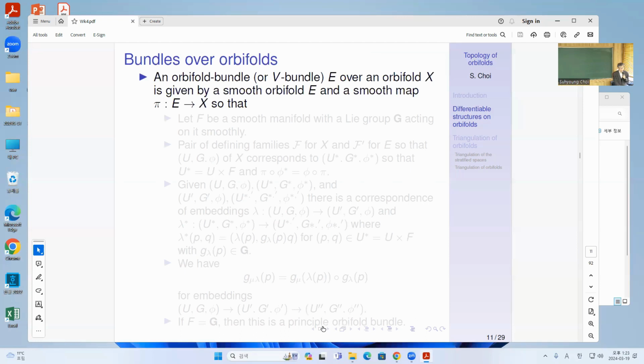Also, you can define bundles over orbifolds. So an orbifold bundle or V bundle E over an orbifold X is given by a smooth orbifold E and a smooth map pi from E to X. Okay. So F is a smooth manifold with the group G acting on it smoothly.